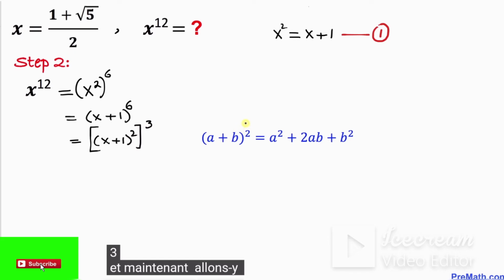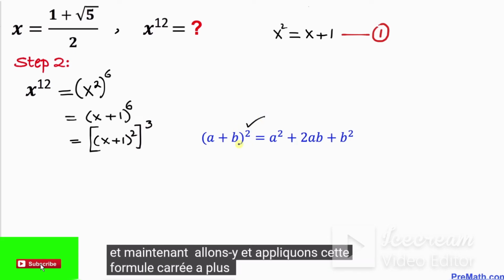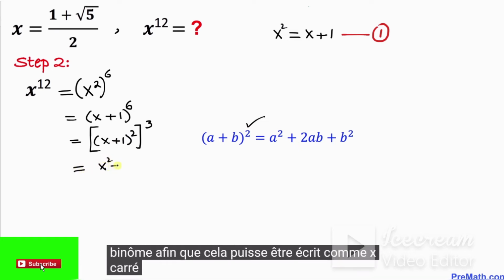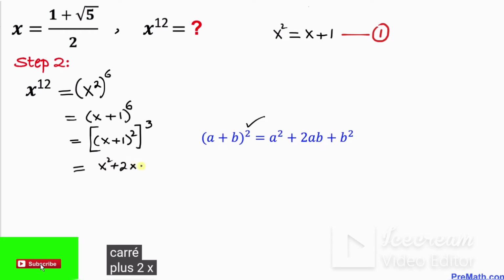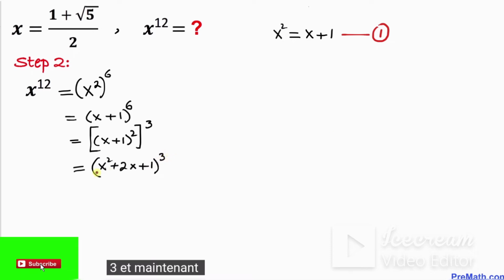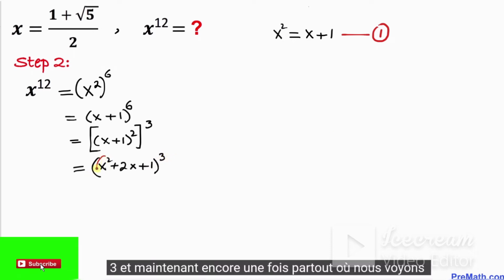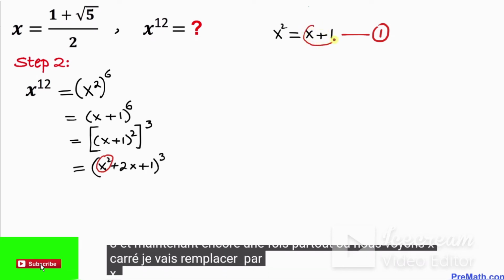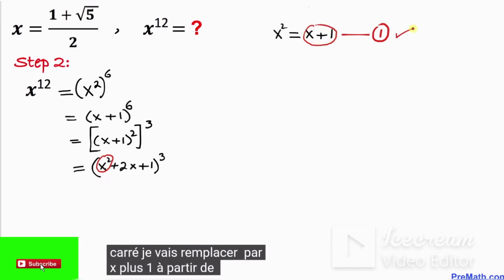And now let's apply this (a plus b) square formula to expand this binomial. So this could be written as (x square plus 2x plus 1) whole power 3. Once again, wherever we see x square, I am going to replace it by x plus 1 from equation 1.